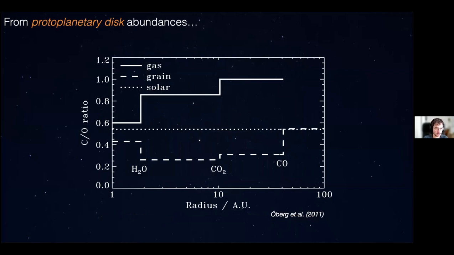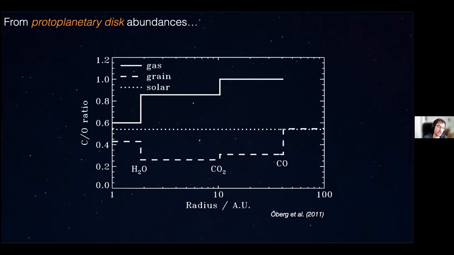And why is that? What's shown here is the carbon to oxygen number ratio in a protoplanetary disk as a function of distance, in the gas phase in solid lines, and the solid phase in dashed lines. And what you see is, as you go further outside, the disk cools down in the midplane, and then, for example, water starts condensing, CO2 starts condensing, CO starts condensing.